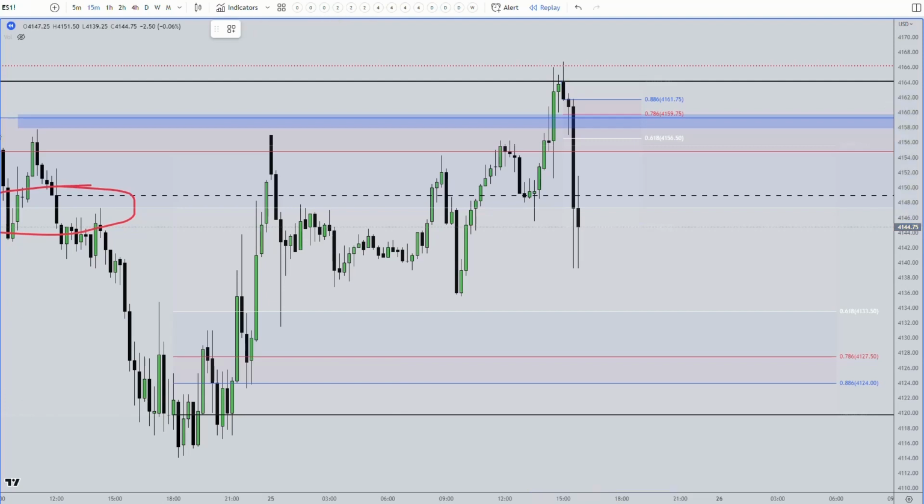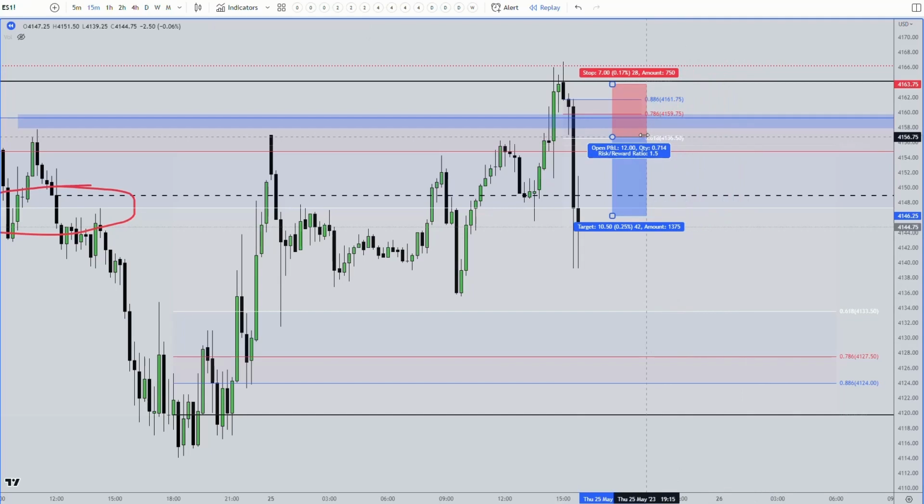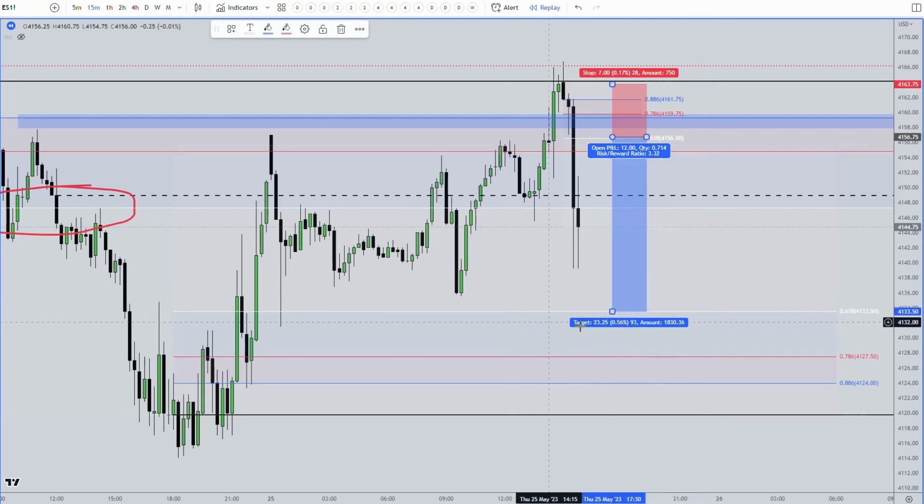So you can then potentially take a short position at this level, define your stop, and then at least go for a 2-hour trade. In my case, I wanted to hit this bullish fair value gap to the downside.